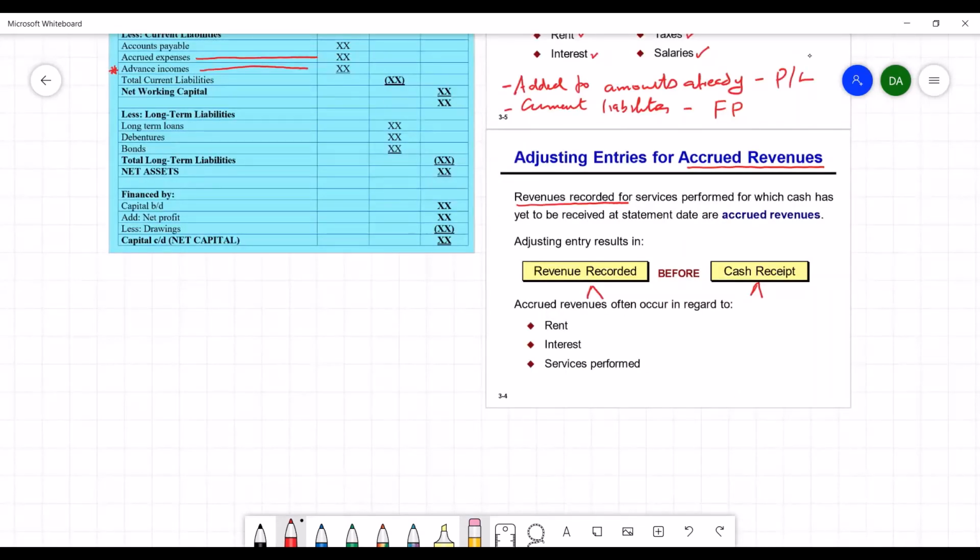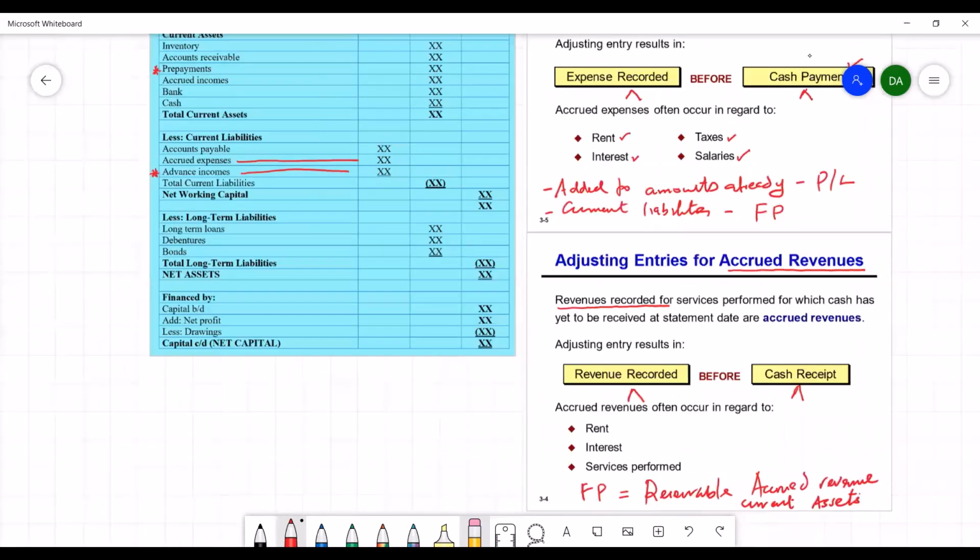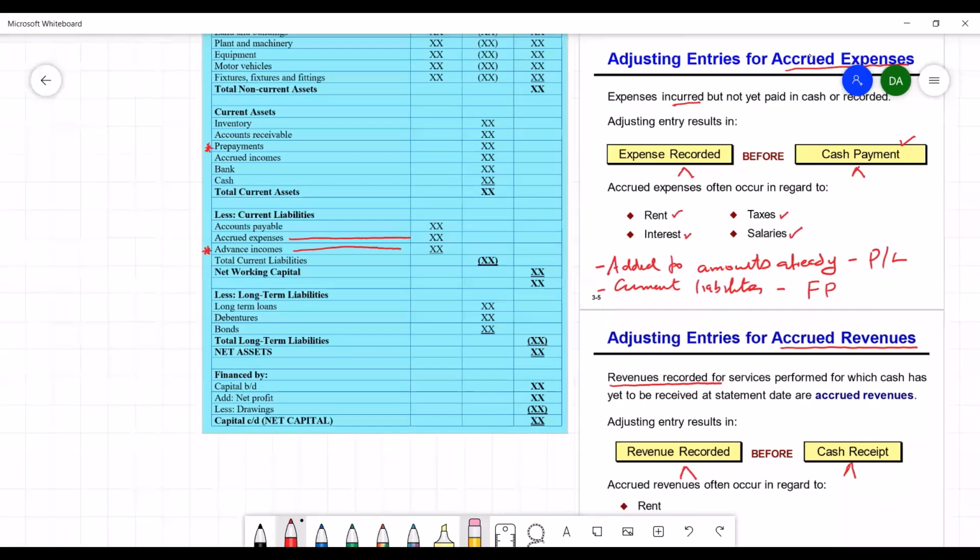In such a case, in the statement of financial position, we are supposed to record a receivable of accrued revenue, and this receivable is recorded under current assets. So that is why in the statement of financial position, there are accrued incomes here.